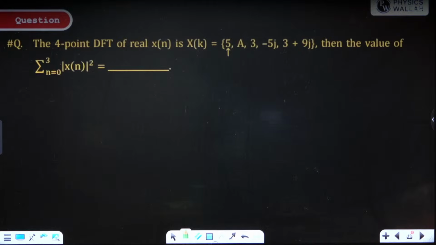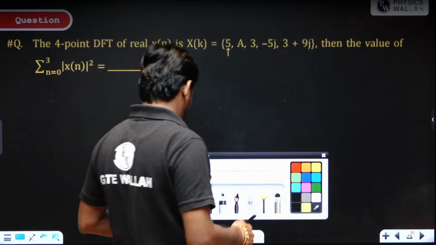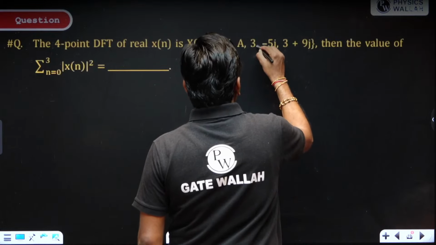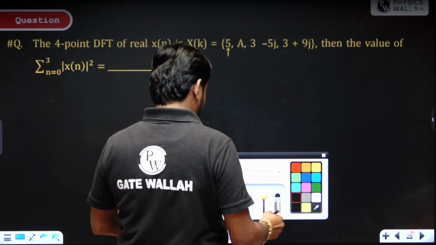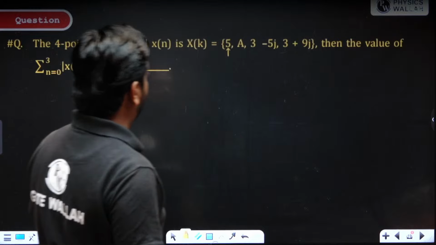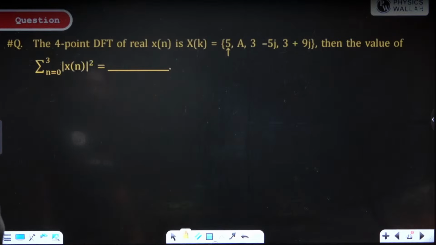The 4-point DFT of a real valued signal is 5, A, 3 minus 5j, and 3 plus 9j. Then find the value of summation n equals 0 to 3 of mod x of n square.